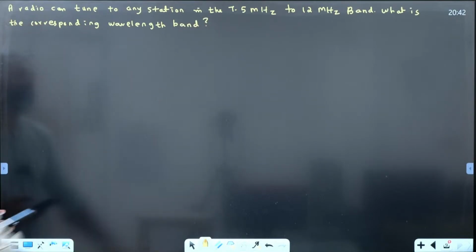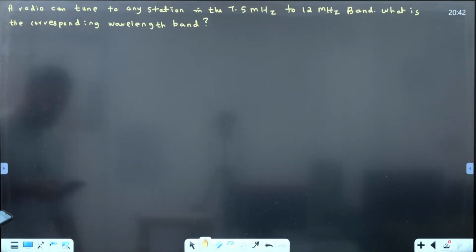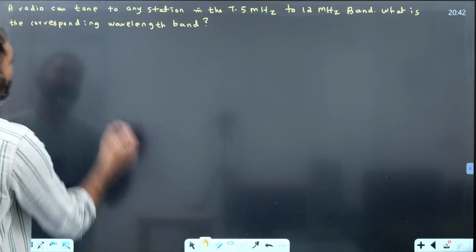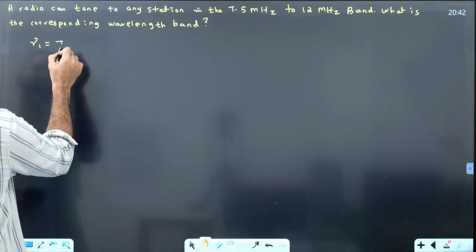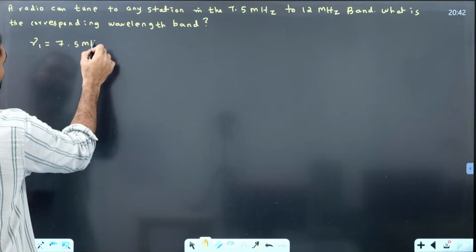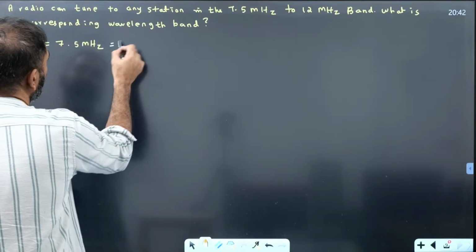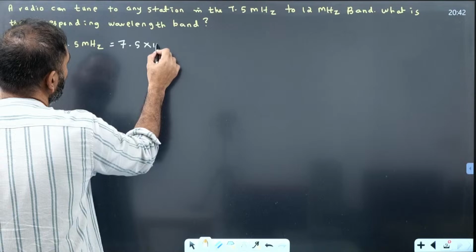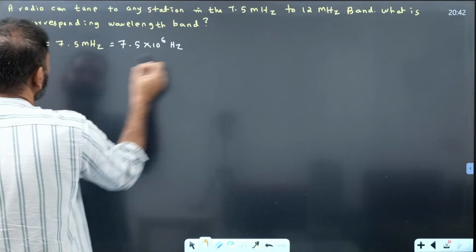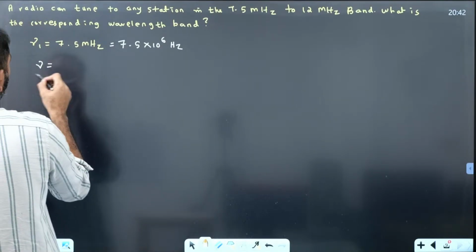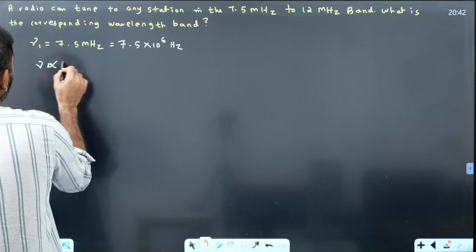Frequency band is given. We have to find out the wavelength band. See, what is the first frequency? 7.5 megahertz. So, that is 7.5 into 10 raised to 6 hertz. Nu is directly proportional to 1 by lambda.